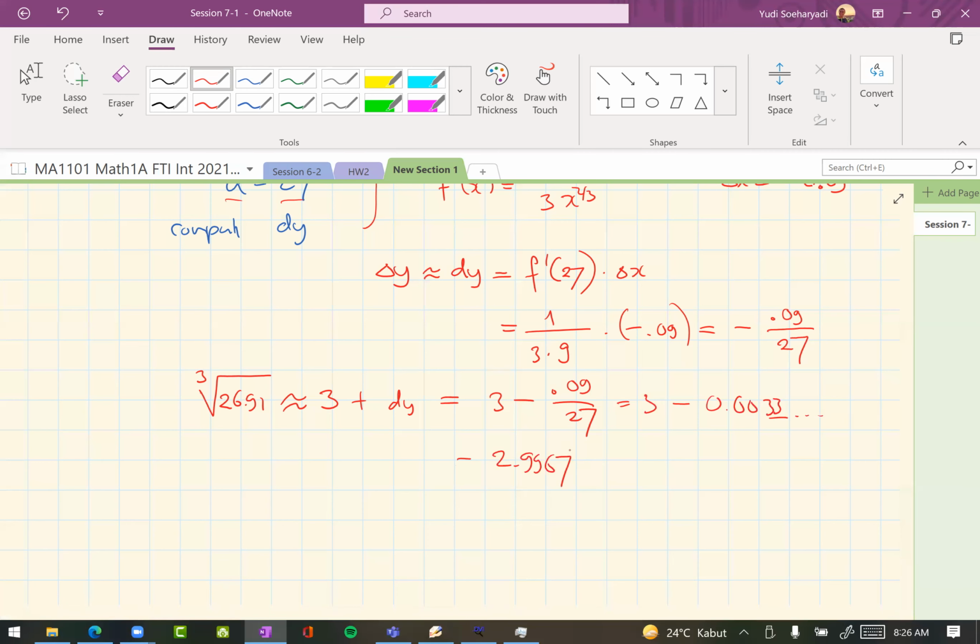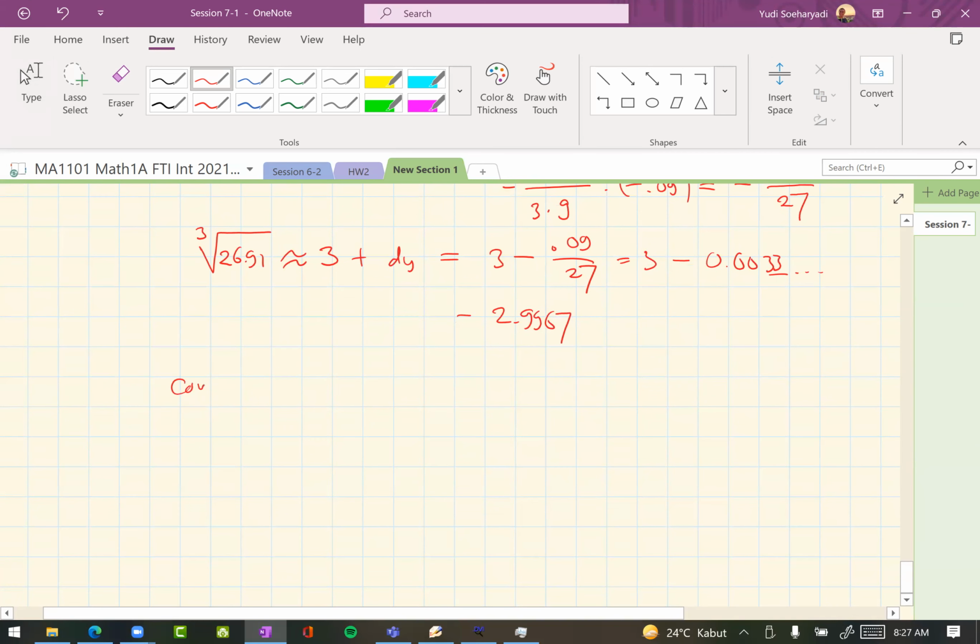Okay, and if you make a comparison, actually, you get the cube root.